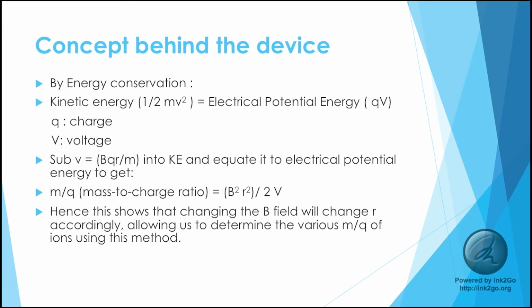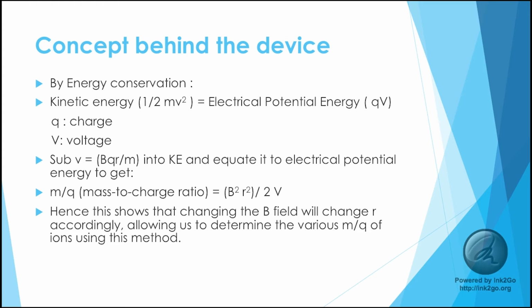Since the gain in kinetic energy of the ion is equal to the work done by the electrical potential energy, we can equate these two energies together to get half mv squared equals q times V. And by manipulating r equals mv over qB, we can get v equals BqR over m. And we can substitute this v into the kinetic energy equation.